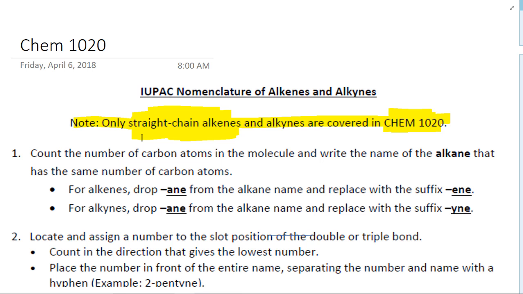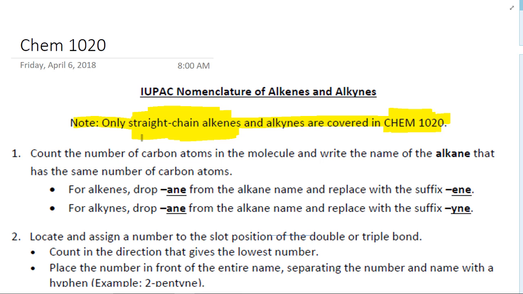That's because Mastering Chemistry does not let me refine it anymore, so you may be asked for them on Mastering Chemistry, but when it comes to your exam, you will not have any branched alkenes or alkynes. If you want to know what you're going to be responsible for on the exam when it comes to naming, look at this worksheet and at the examples that we're doing here in class. This worksheet that we passed out last week shows the examples of the things you'll be responsible for naming, and there are not going to be any branched alkenes or alkynes in there.